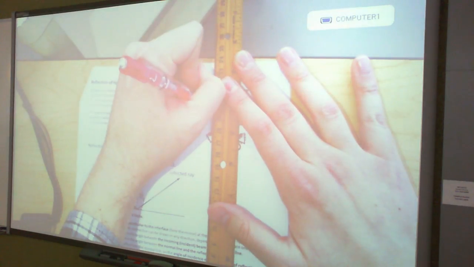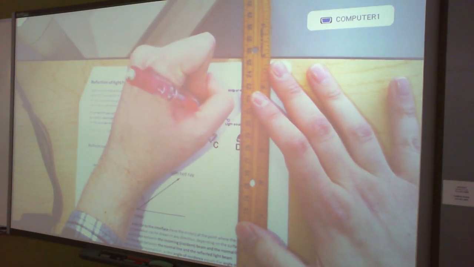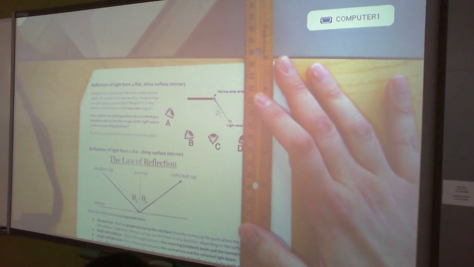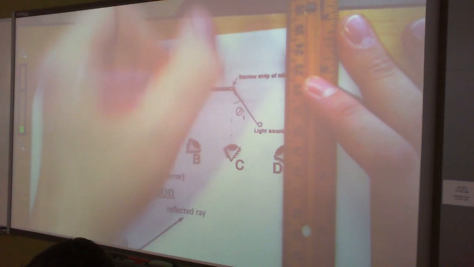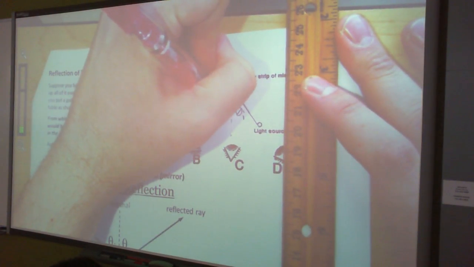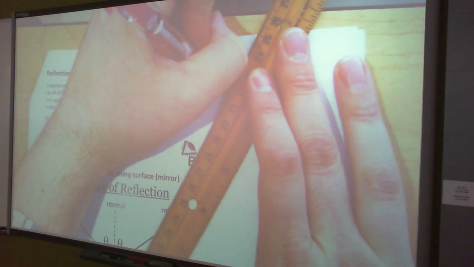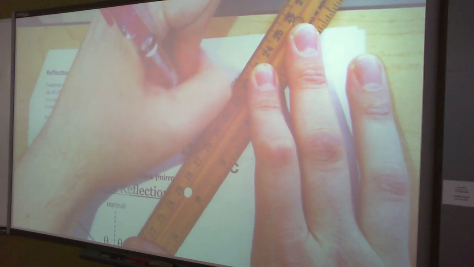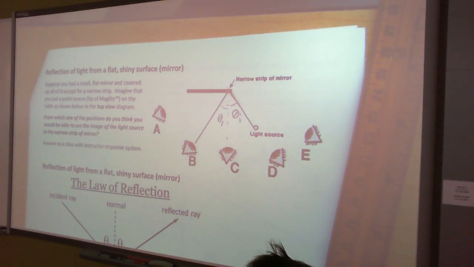So looking at this, we draw a normal line here, and whatever this incidence angle is, it is going to be equal to this other angle, the reflected angle. So I make it approximately the same, and it goes to that position. And this is the law of reflection.